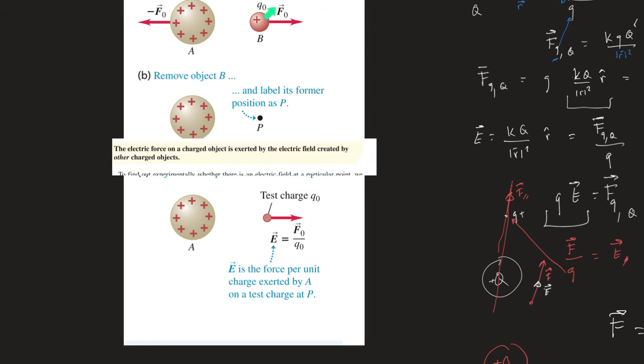So I make little q disappear, and the point P remains. Instead of having this force, I have this vector divided by q, the force per unit of charge, the density of force per unit of charge. And this is the definition of an electrical field.